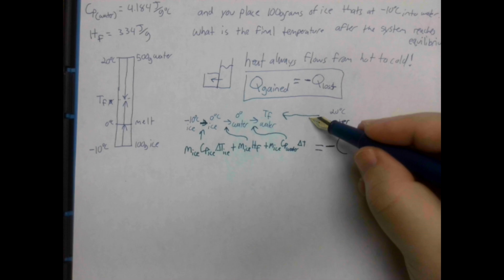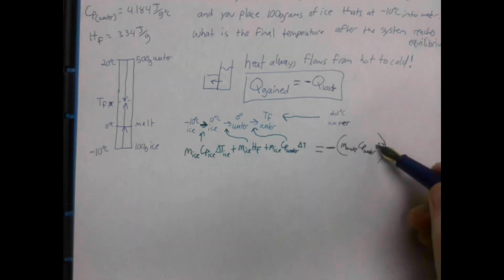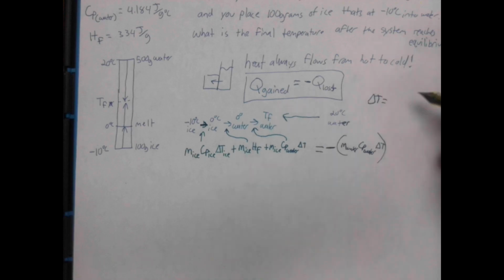One of the reasons for this negative here is how I teach this class. Technically it doesn't have to be a negative, but it's better learned if you put the negative in and always remember that change in T is equal to final minus initial. If you're reading this left to right, it works out.